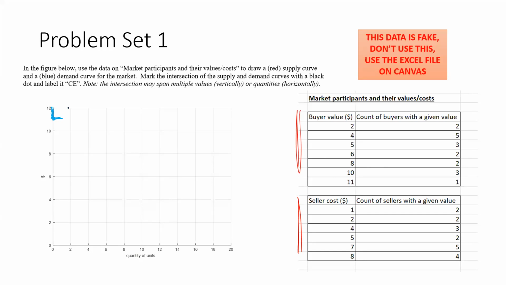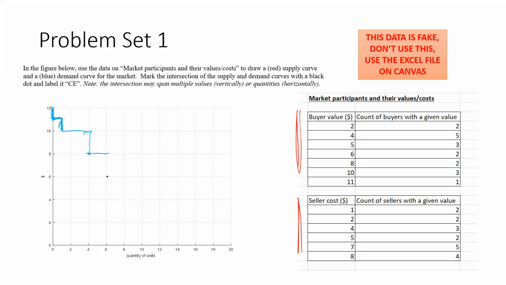And then went down vertically to $10 from there. And then moved 3 units to the right because 3 people would buy at $10. Is that correct? Yep, exactly. And then you'll just keep going from there. So then you jump down to 8 is the next place where buyers have a different buyer value. At 8, you get 2 more.